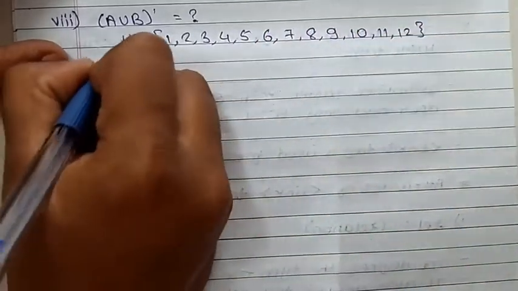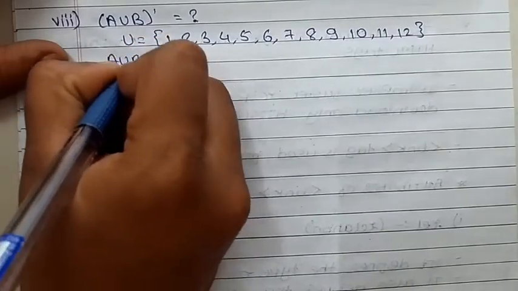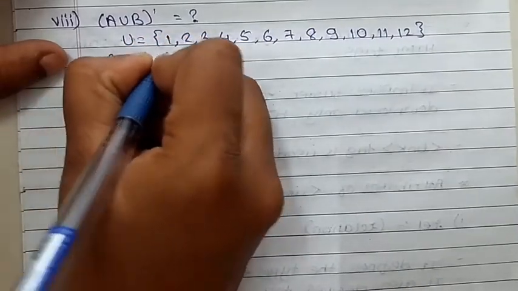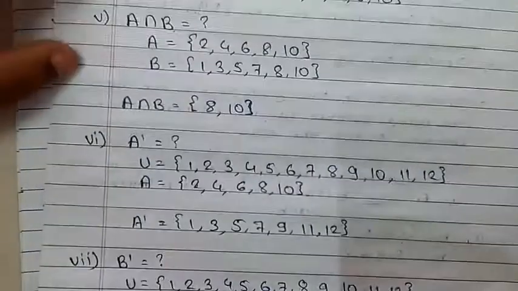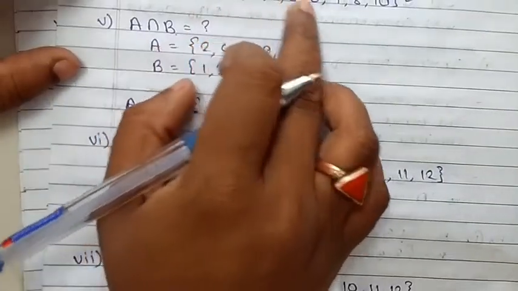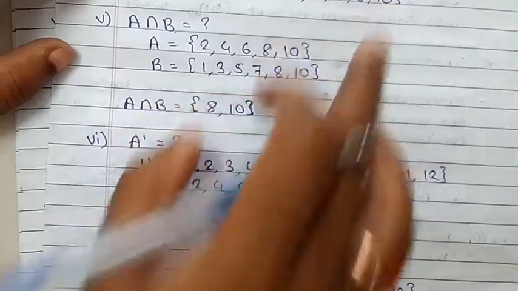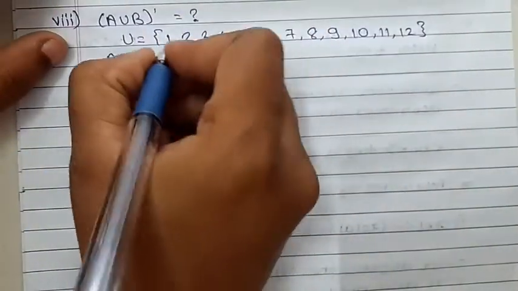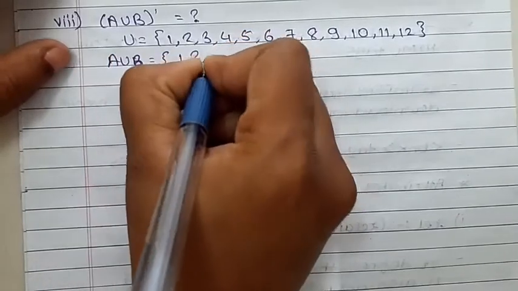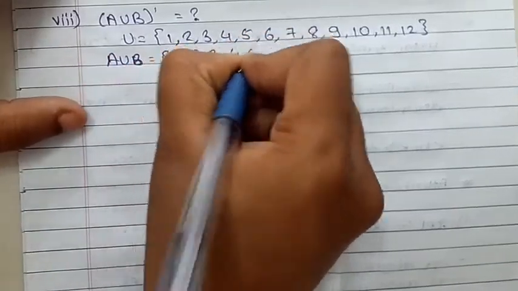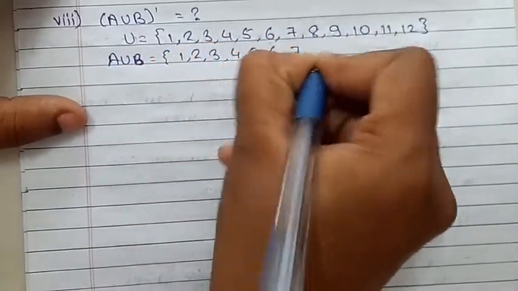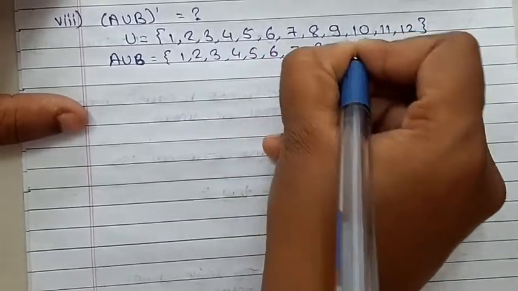And then write down A union B, which was calculated earlier. That is 1, 2, 3, 4, 5, 6, 7, 8 and then 10.